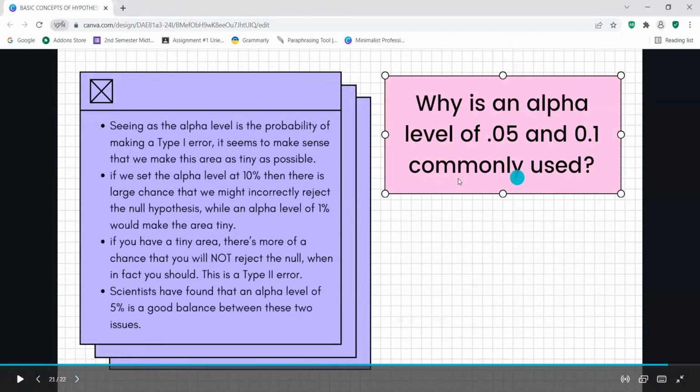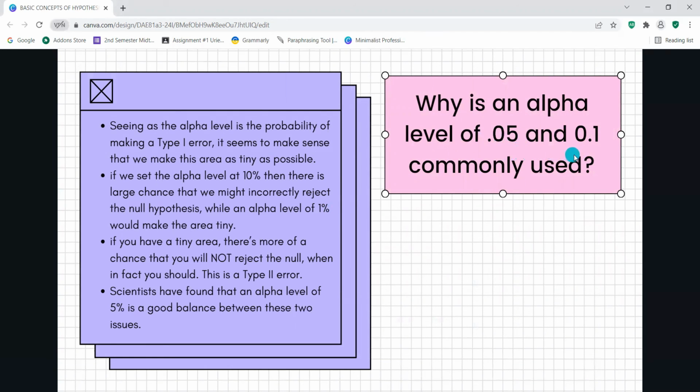So why are alpha levels of 0.05 and 0.01 commonly used? Seeing as the alpha level is the probability of making a type 1 error, it seems to make sense that we make this area as tiny as possible. If we set the alpha level at 10%, then there is a large chance that we might incorrectly reject the null hypothesis, while an alpha level of 1% would make the area tiny. So why not use a tiny area instead of the standard 5%?